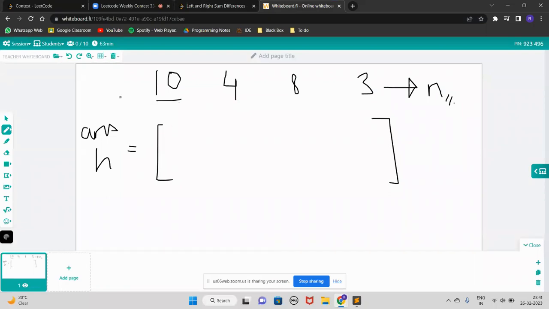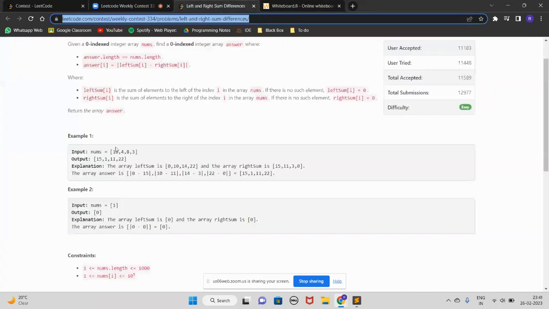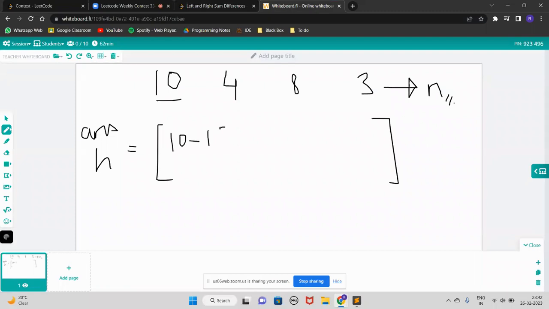For this 10, since there is no left value, its left sum will be 0. Towards its right, there are three values, 4 plus 8 plus 3, which is 4 plus 8, 12, 15. For the next position, for this 4, towards its left it's 10, and towards the right are 8 and 3, which is 11.